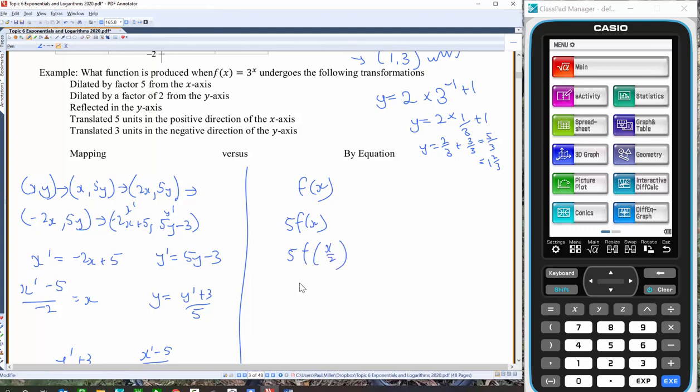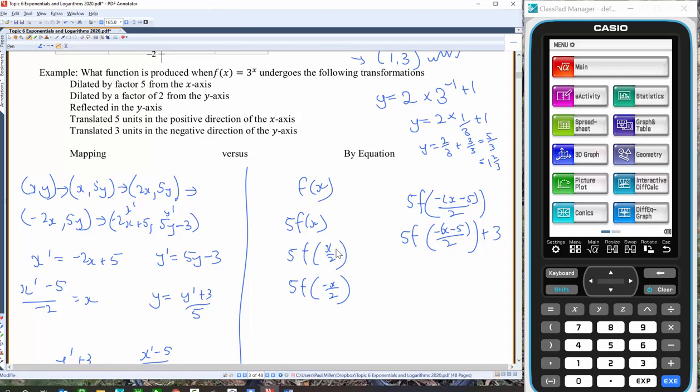Reflected in the y-axis, 5 f of negative x on 2. Translated 5 units in the positive direction of the x-axis, 5 f of negative x, positive x take 5, all on 2. 5 f of negative (x take 5), all on 2, plus 3.